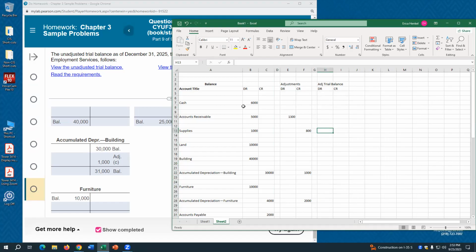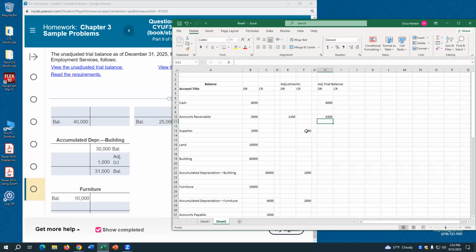Okay, so here, no entry, so we can just copy that over for 6,000. Here we've got debits and debits, 5,000 plus 1,300 equals 6,300. Now here's where we got to watch closely. We've got a $1,000 debit balance to start with, and we've got an $800 credit adjustment, right?